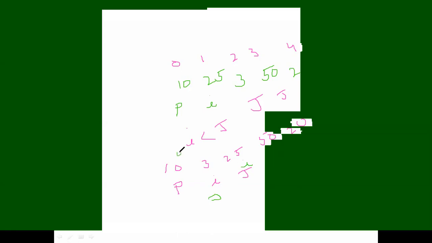So then check the index 0, 1, 2, 3, 4. So the i index is 2. i less than j.